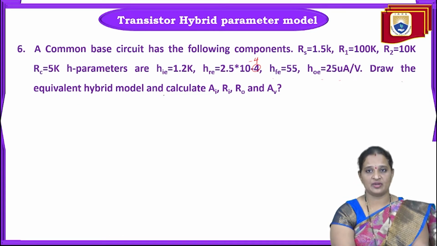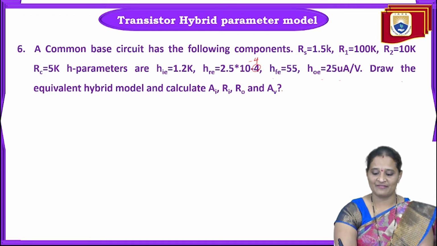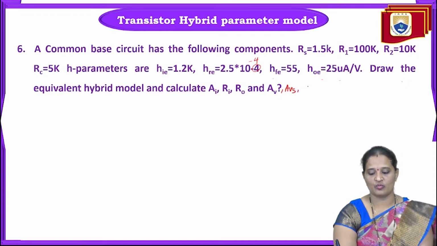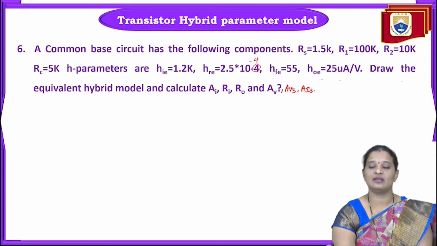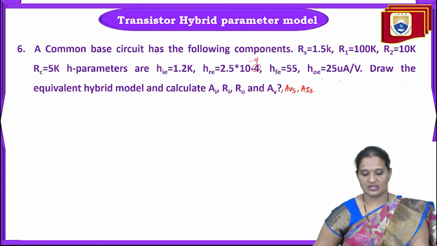Draw the equivalent hybrid model and calculate AI, RI, AV, and also I want to include two more parameters, AVS and AIS. So these are the parameters that we need to calculate.